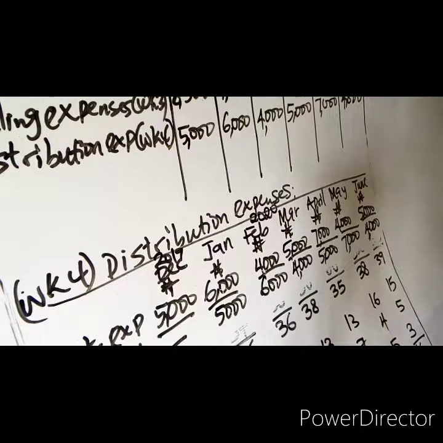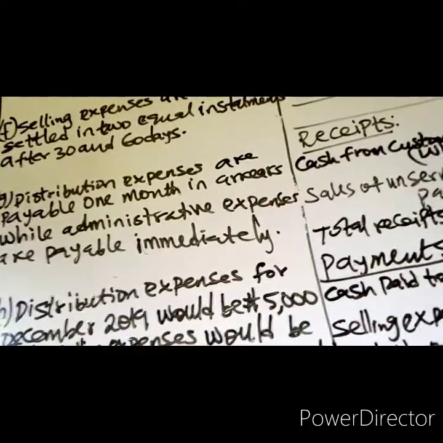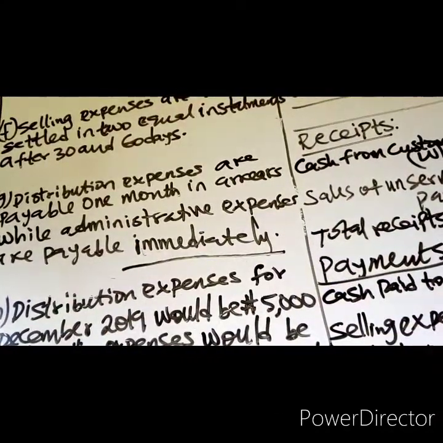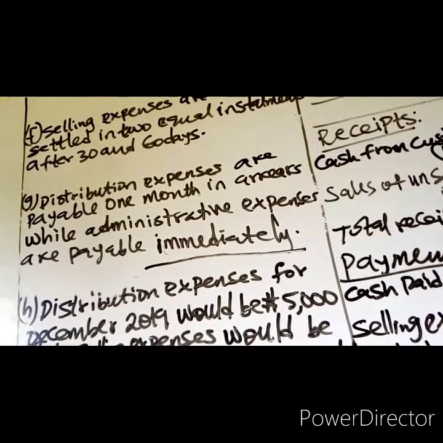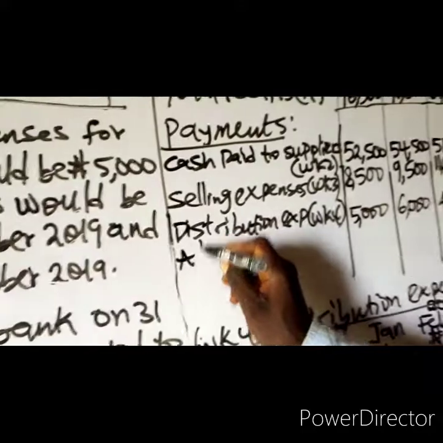Then back to the same note G. Administrative expenses are payable immediately. That means administrative expenses will be paid in the month they were incurred.